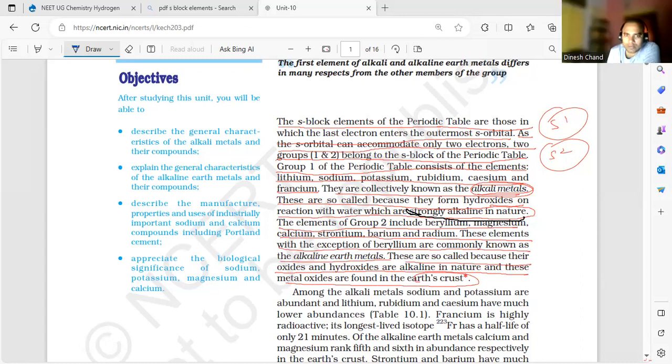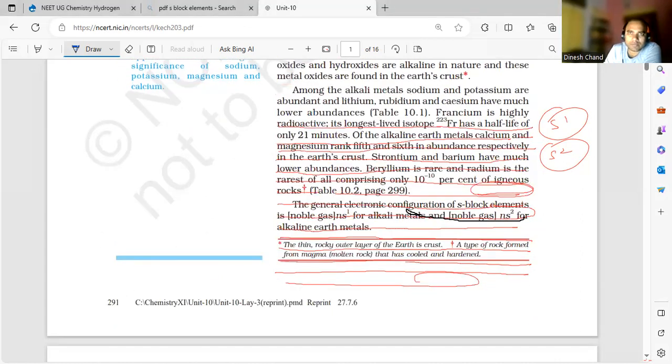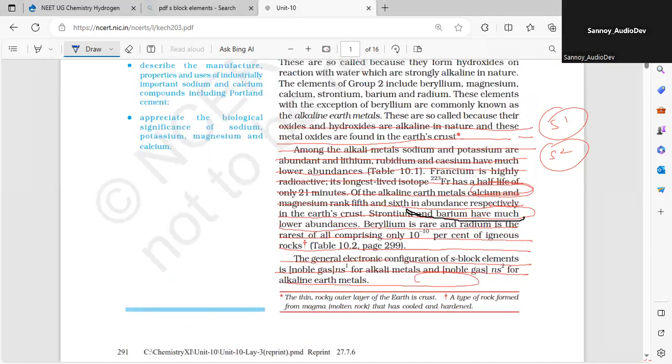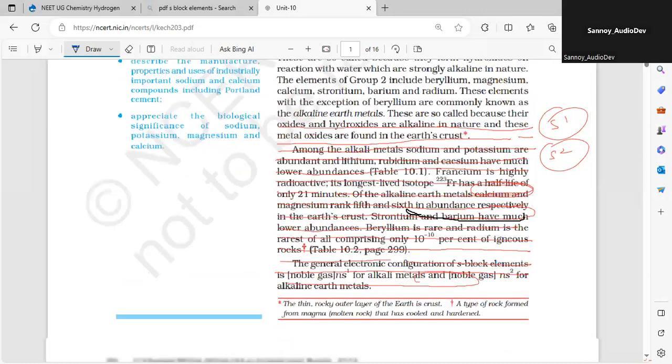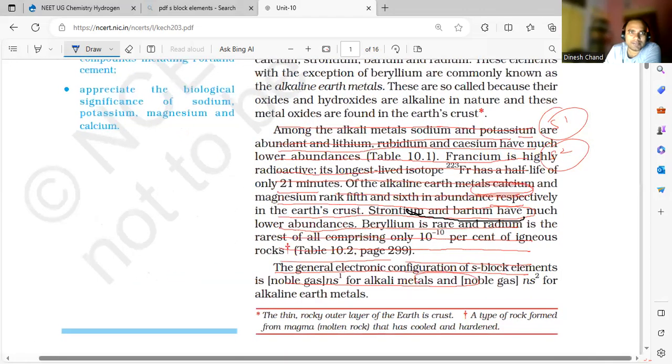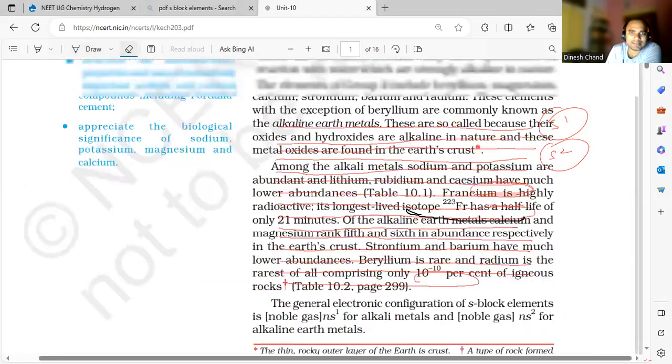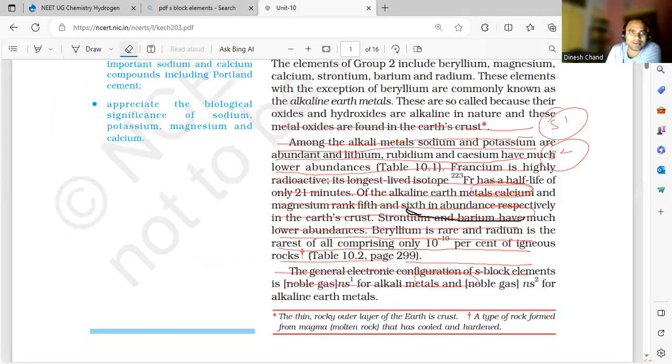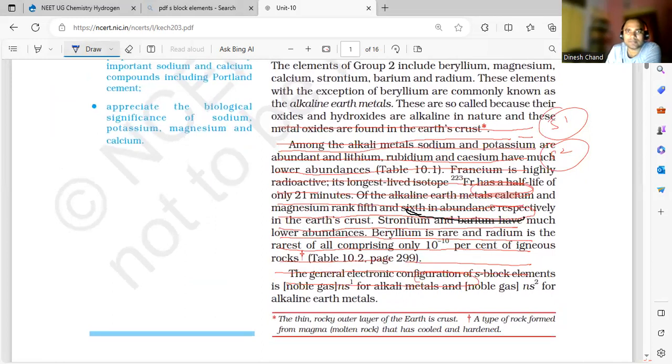Now go back to the next. Oh, very difficult. This is not allowing me to write. I don't know what happened. I cannot write on this, no writing is allowed.